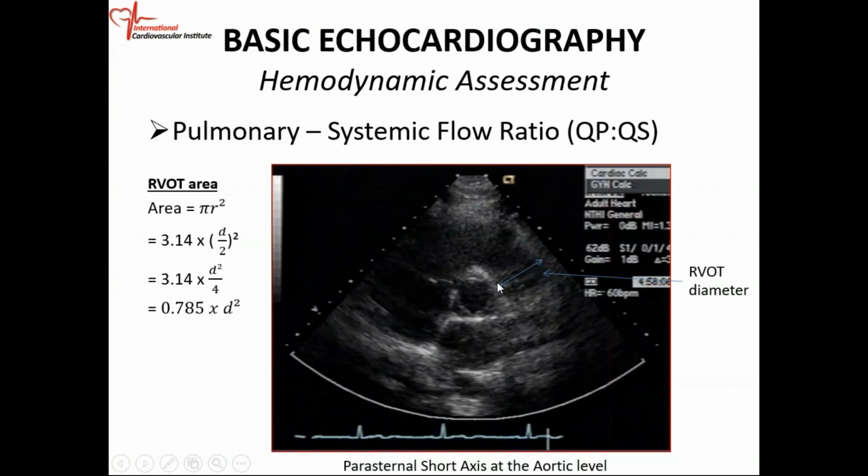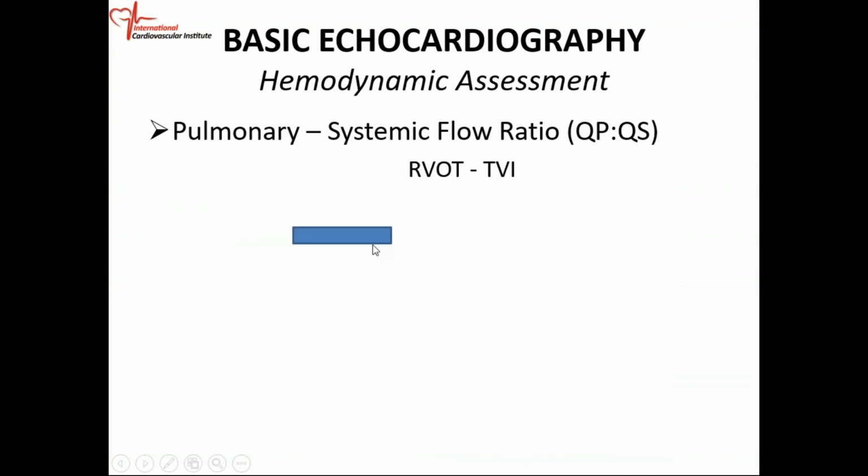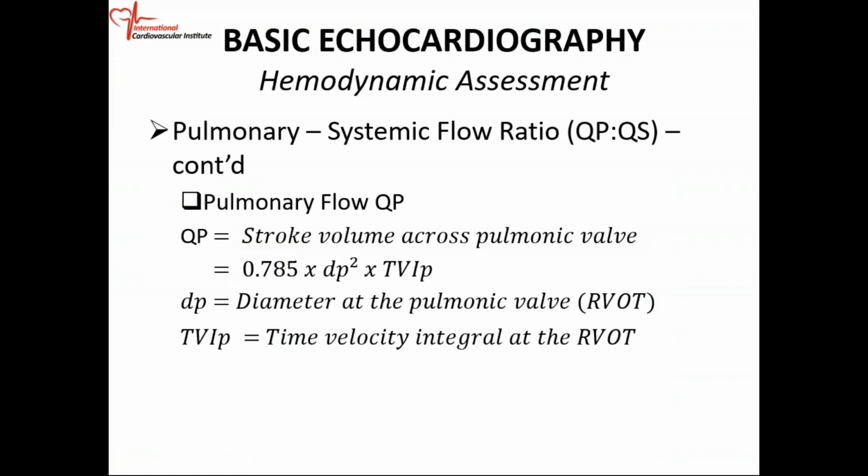Again, you get the diameter of the RVOT and plug it in the equation. Your pulmonary flow, which we call QP, is basically the stroke volume across the pulmonary valve, and that's equal to cross-sectional area times the TVI across the pulmonary valve.